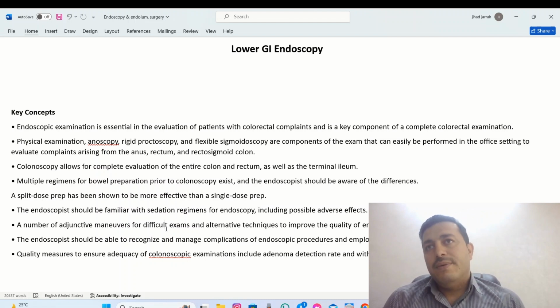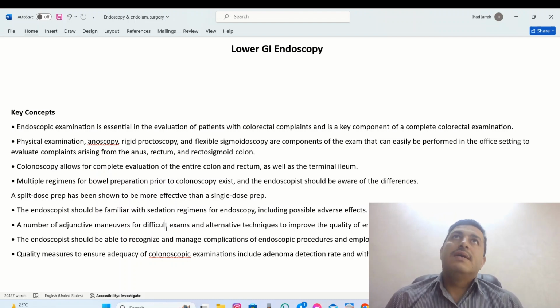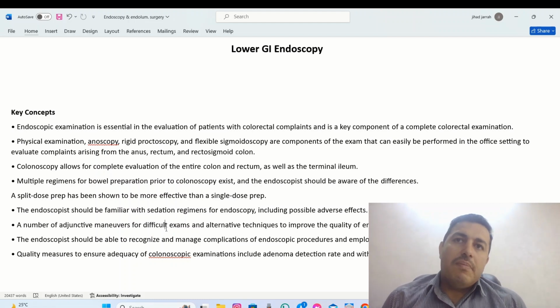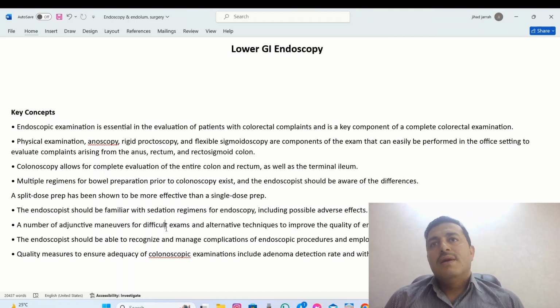This lecture means a lot to me because, first of all, it's one of my colorectal interests. I will explain what I mean. Surgeries started in the past as open colorectal surgeries. Then we moved a step forward to laparoscopic surgeries.